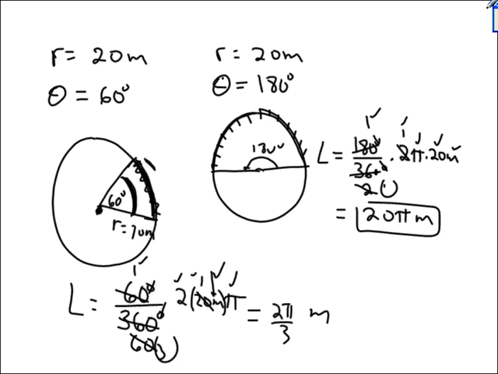What exactly does that mean? That means if I take a string and I attach one end here and I lay it out along this arc, and I stop there.